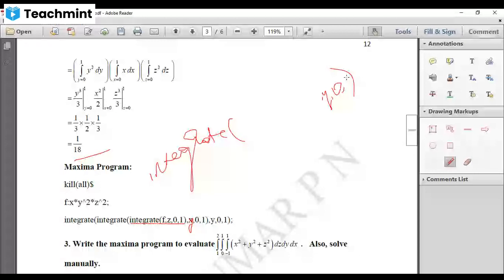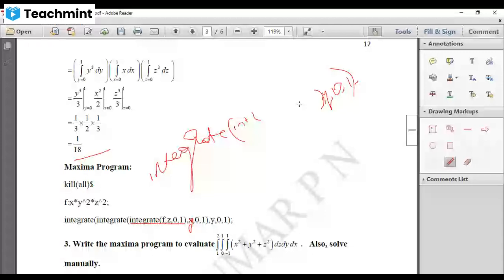Then you have to write one more integrate. Within this, you write one.